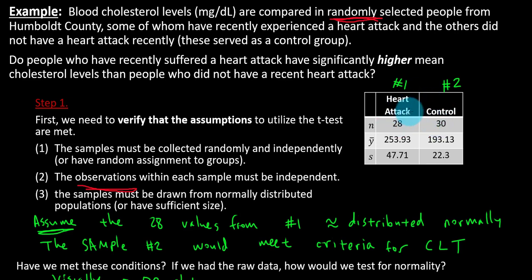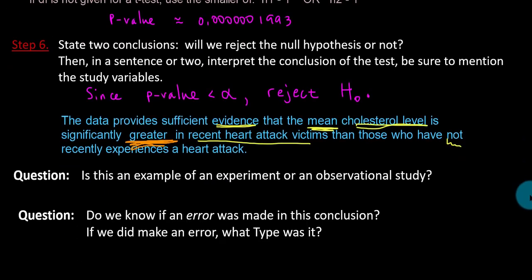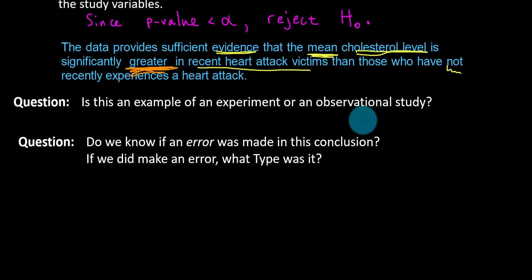They're controlling the explanatory variable. Did they assign the individuals to experience a heart attack? Of course not. They observed these cholesterol levels, and the individual subjects already existed in their respective groups. This is absolutely an example of an observational study.